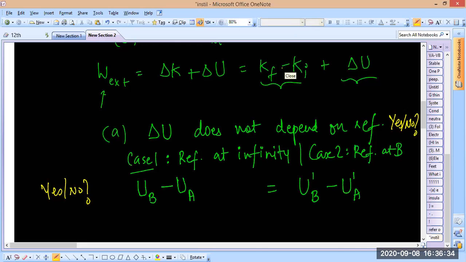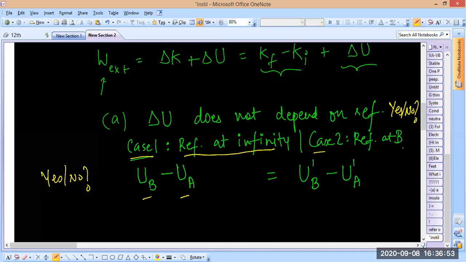So in the first case we took reference at infinity. Then suppose for B we get potential energy UB, and for A we get potential energy UA. And now in case 2 we take reference at B, then we get potential energy for B as UB dash, dash means second case, and potential energy for A is UA dash.